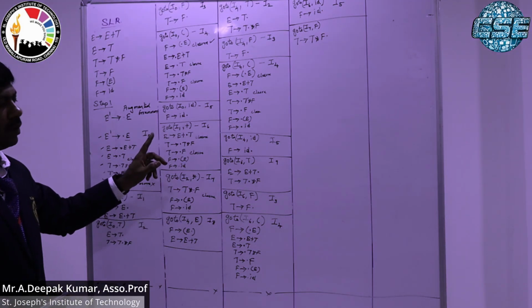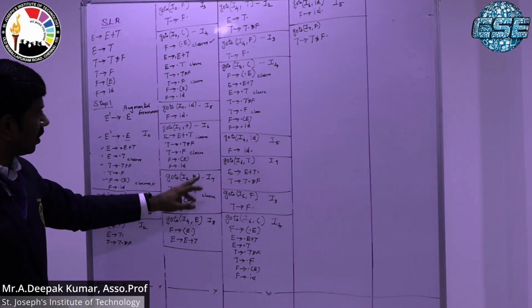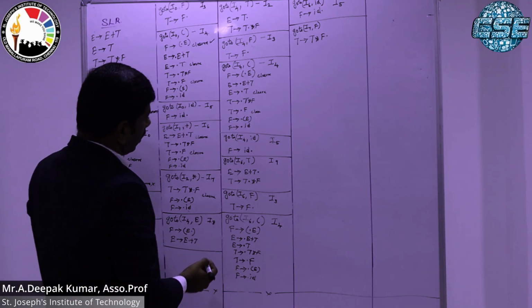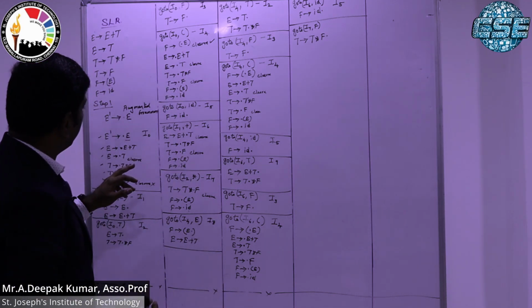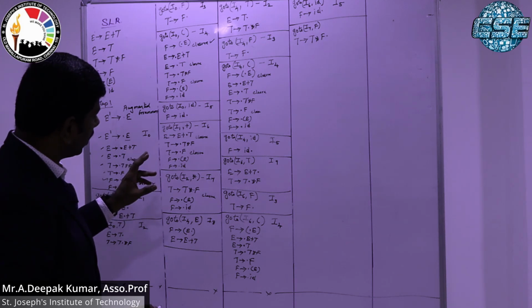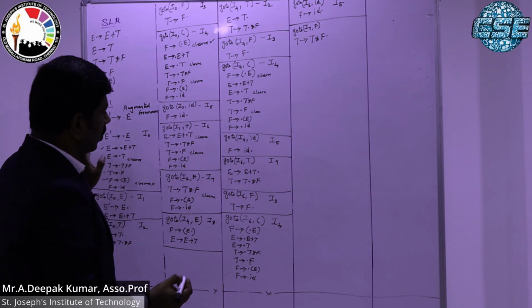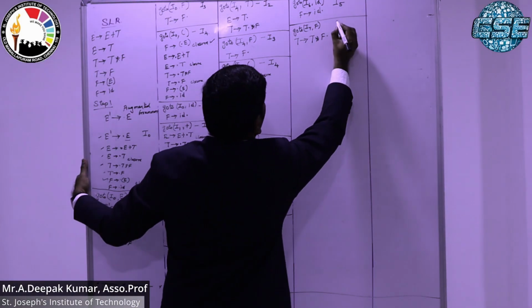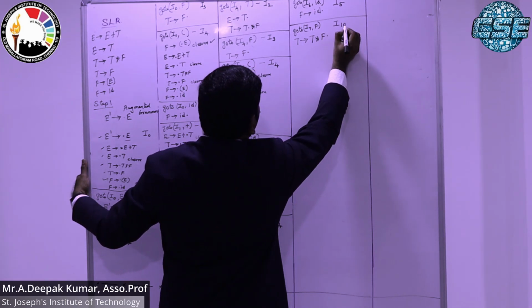Only the one rule that has dot followed by F. So we are done with that. Before naming it, I will check whether we already have the same LR0 items. There is no such condition, so I will name it as I10.